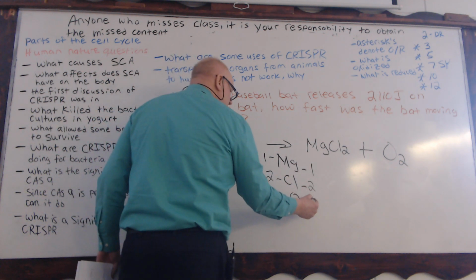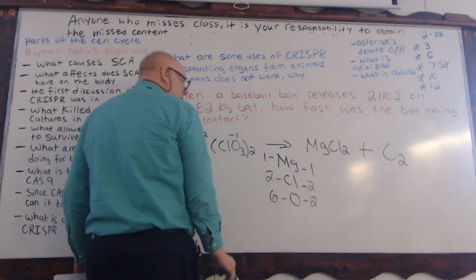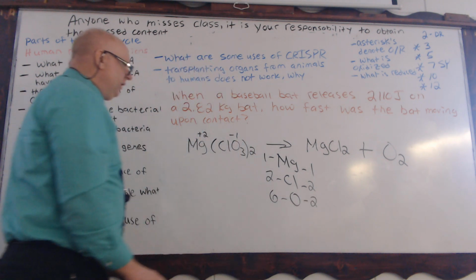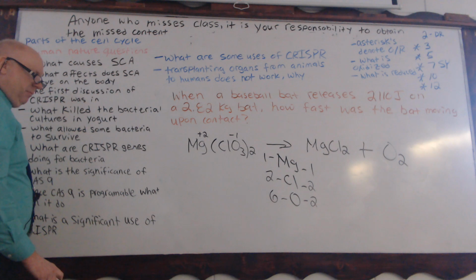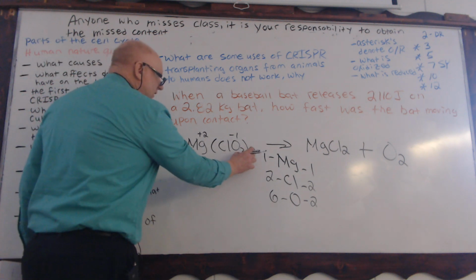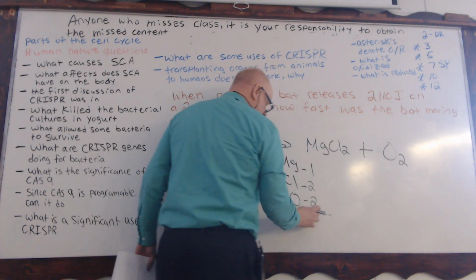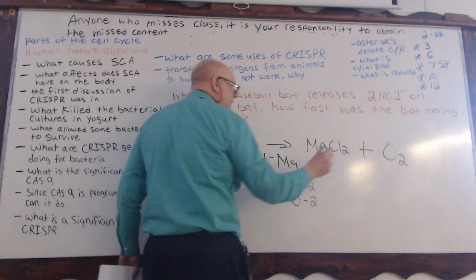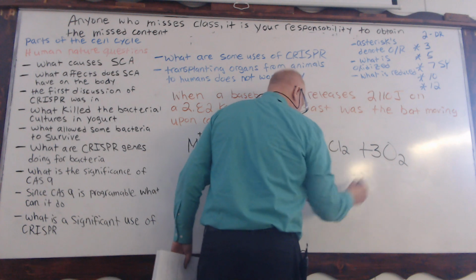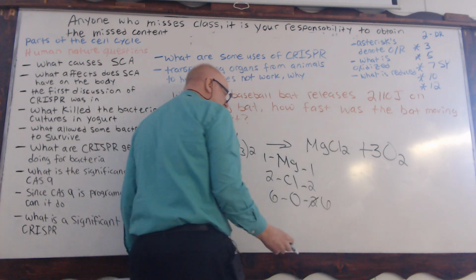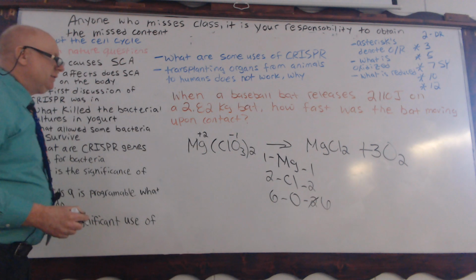Oxygen's right. So there's only one place that we can start, because knowing that we had 6 of these and only 2 of those, how do we get that up to a 6? Times 3. The moment we do that, that's now a 6. Is it balanced? Yes, it is.